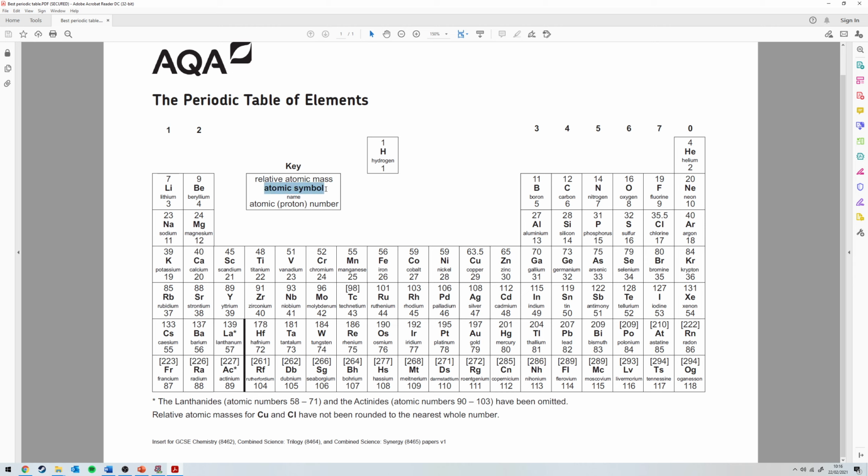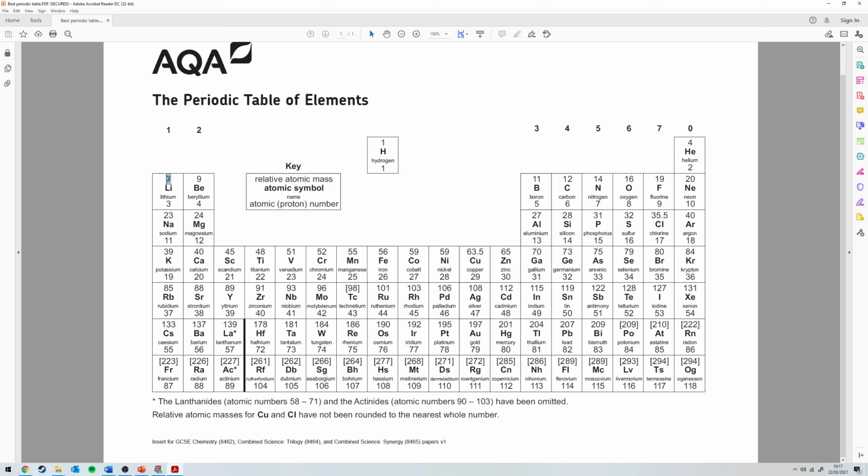And the key, which you need to get used to reading, because you are given this in your exam, you should know exactly what all these symbols mean. I'll go over that a bit more when we fill in the table. It's very wise to get used to this table, and be very careful if you're Googling for a periodic table that it is a European or a British one, because the American ones are backwards.